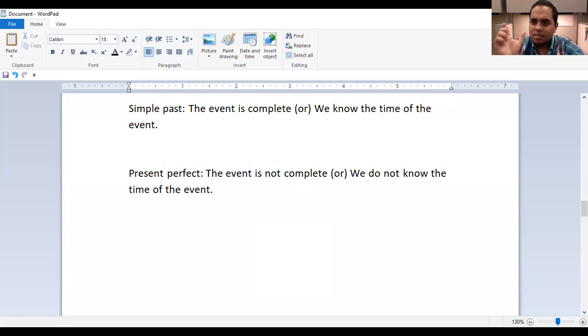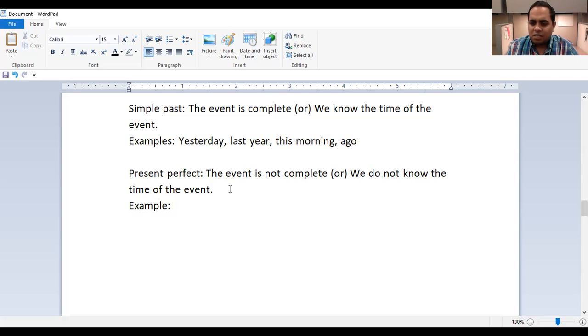Simple past, the sentence will usually have some kind of time word. Examples: yesterday, last year, this morning, ago. If a sentence has any of these words, the sentence is normally in the simple past tense. In contrast, if a sentence is in the present perfect tense, it may have the following words: since, for, at the moment.